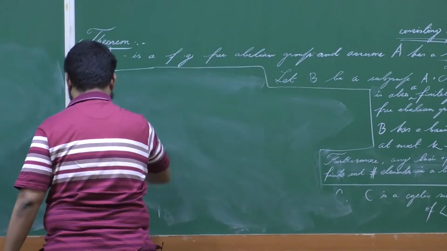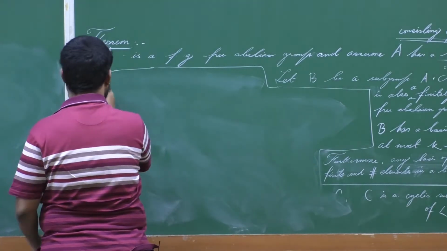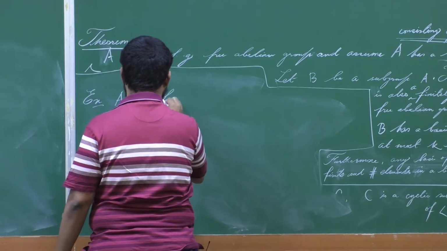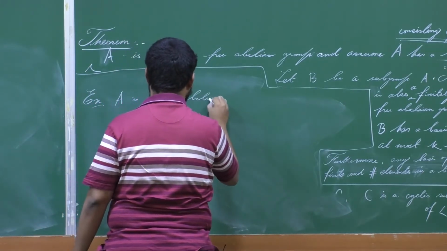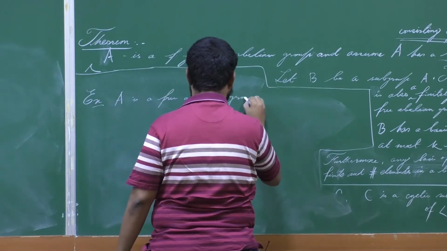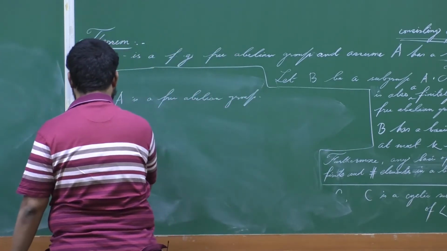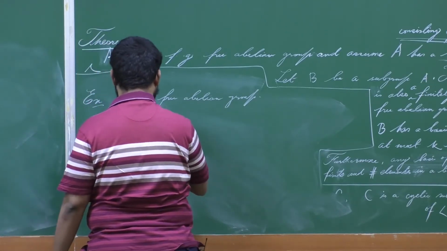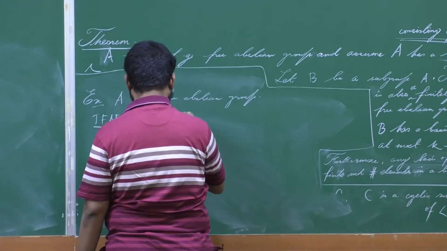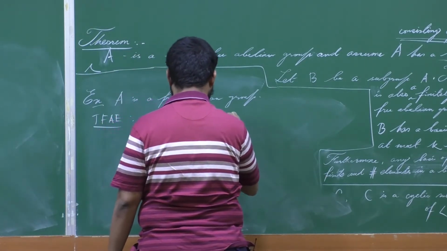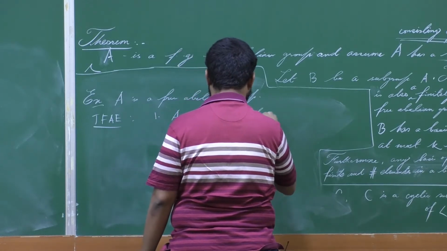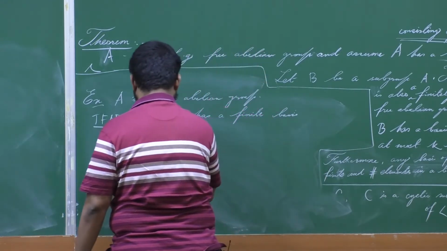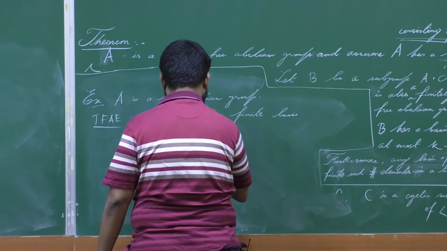So exercise: if A is a free abelian group, then the following are equivalent. This follows from what we have done. A has a finite basis, and A has a finite generating set.